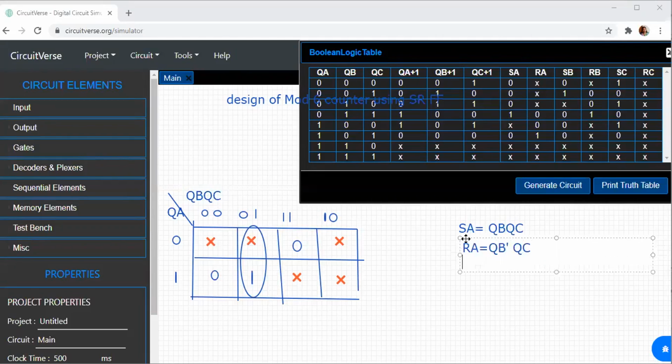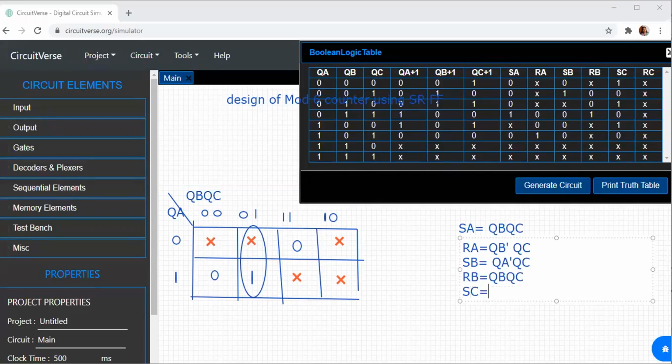Similarly, we can solve for SB. SB will be equal to QA bar into QC. And what is RB? RB will be equal to QB into QC. This you have to solve using K-map.